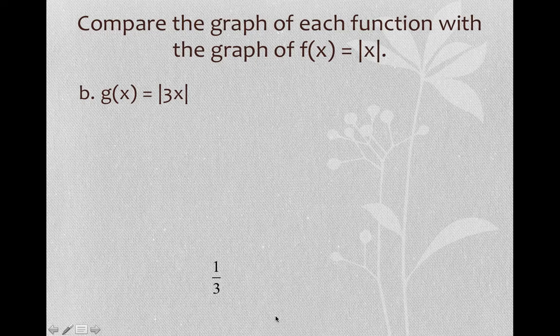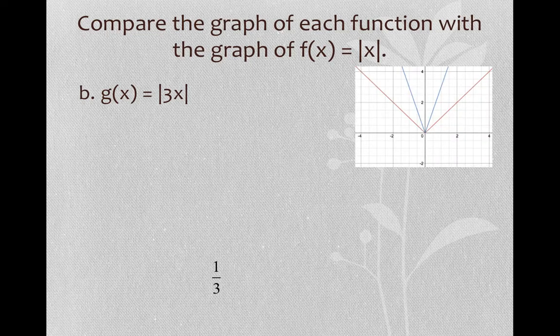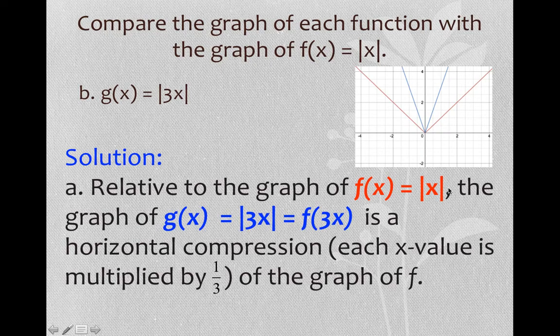Okay, let's look at this one. g of x equals the absolute value of 3x. Again, we're graphing the red function, which is the absolute value of x. And this solution says that because the 3 is inside, this is going to be horizontal. Since this is a number bigger than 1, this is going to be a horizontal compression.